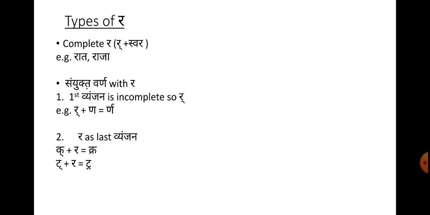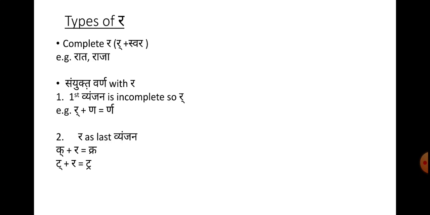So here also same thing. Look at the example. K adhika r. Now r is last Vyanjan. Right? It becomes kr. K first, sound of k first and r afterwards. Here k is half, so very short sound for k, and our r is last Vyanjan, complete Vyanjan, so its sound is also complete there. Say kr, kr.